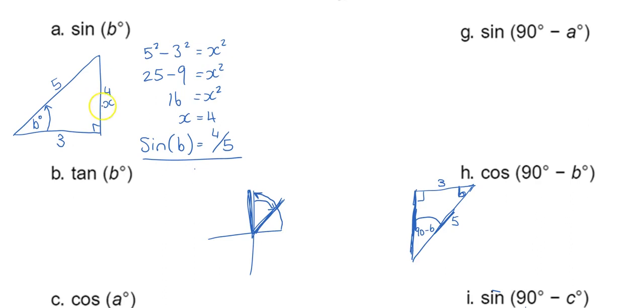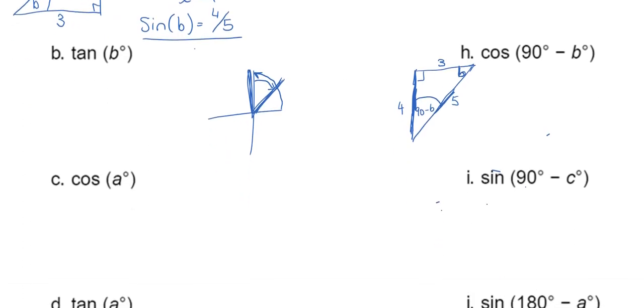We also did some work over here and we found sine of B. And we found out that sine of B, so opposite over hypotenuse, was 4 over 5. So we've got all the sides. And now we've got to look for cos of 90 minus B. So cos of 90 minus B, our adjacent side is 4, and our hypotenuse is 5. Okay, so lots of diagrams in this one.